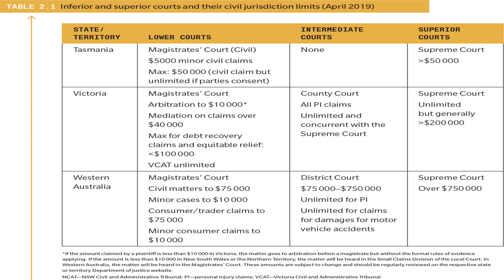So the plaintiff then needs to go to the district court, because the district court has jurisdiction to hear civil cases where the claim is from $75,000 up to $750,000, right? So if the claim is up to $80,000, where will the plaintiff go with that civil case?